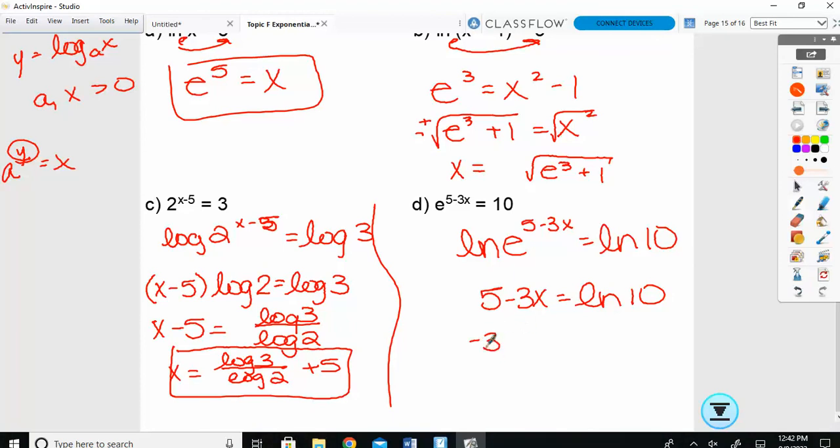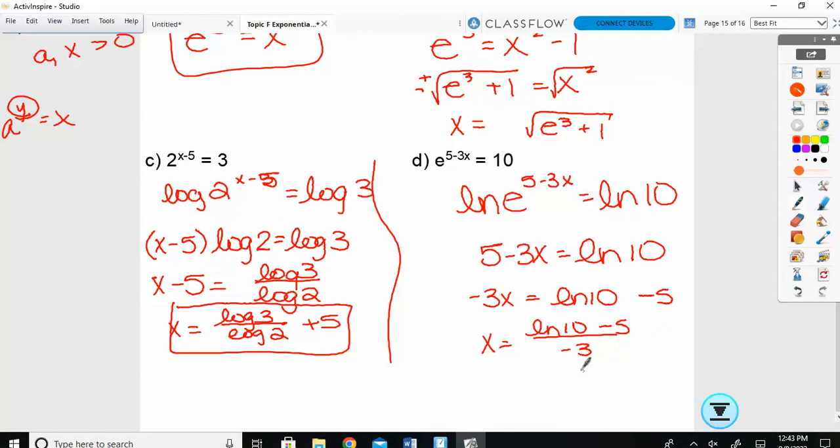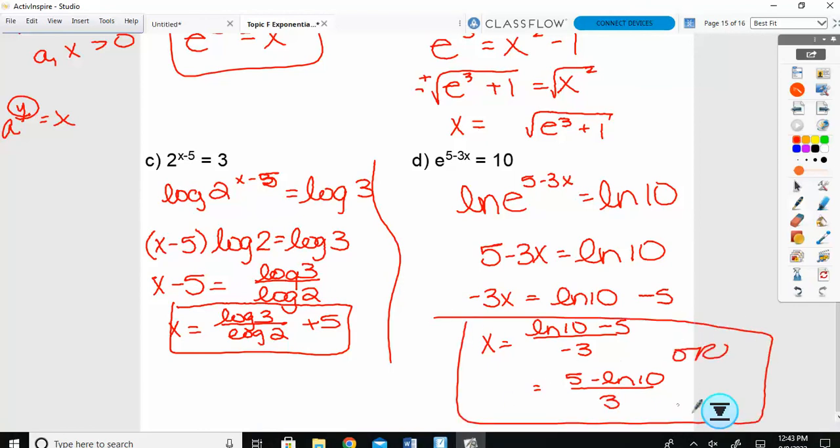So then I could subtract my 5. Divide by -3. And you could write that a couple different ways. If you wanted to multiply everything by -1, do that. Either of these are equivalent.